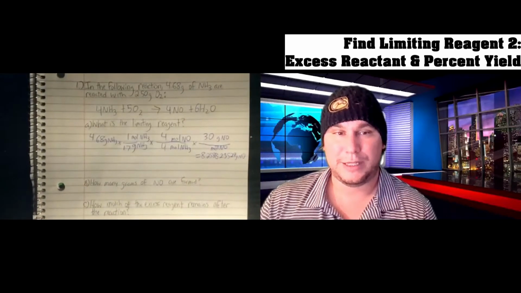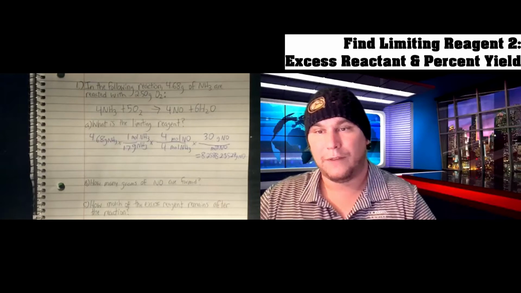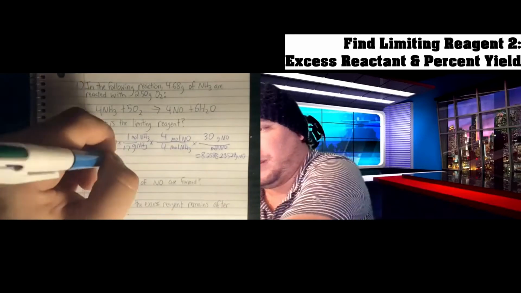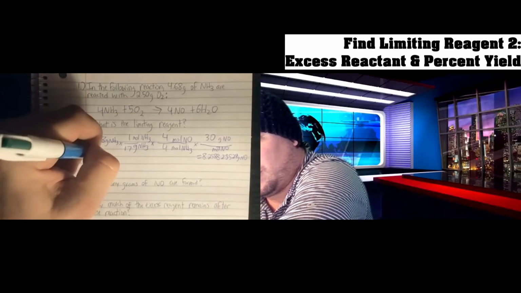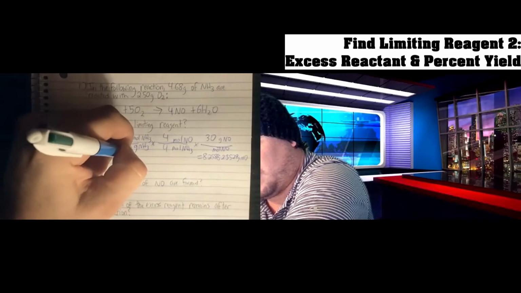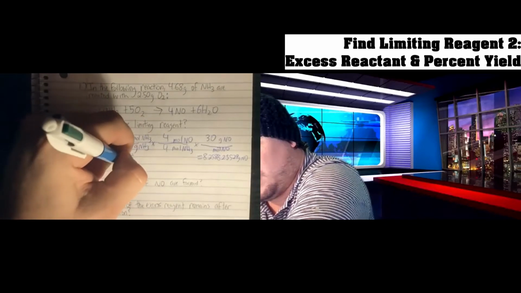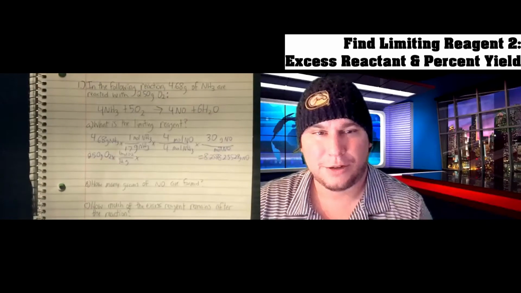So now let's use the other species to find out how much product is formed from the moles of oxygen. So we were given 2.50 grams of oxygen. Its molecular weight for 2 oxygen atoms is 32.